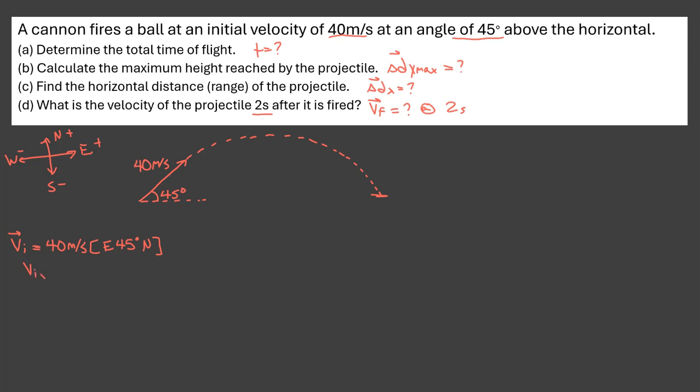So I can say Vix equals and Viy equals. And when we're doing problems like this, it is an expectation that we have a good understanding of how to utilize our trigonometric ratios. So if I take this vector here, that's 40 meters per second, I get an angle of 45 degrees.